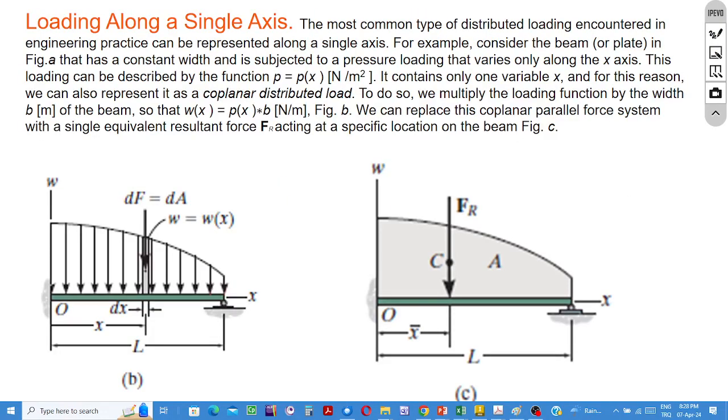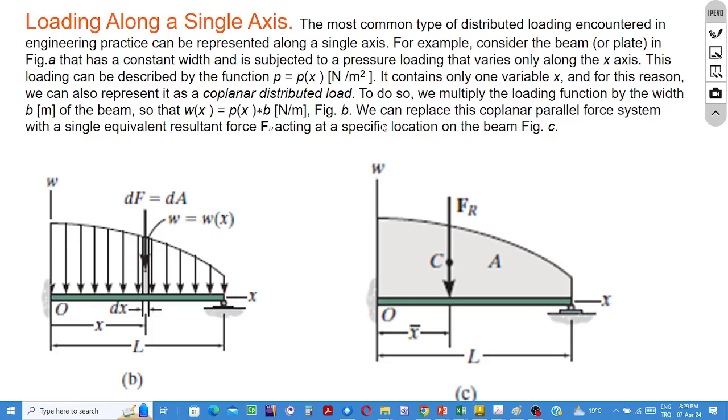In such a special case, the load curve is not per area, not newtons per meter squared in pressure unit Pascal, but newtons per unit of length, newtons per meter.